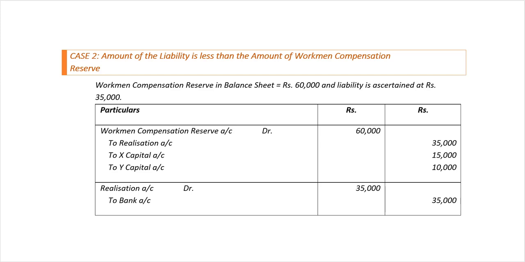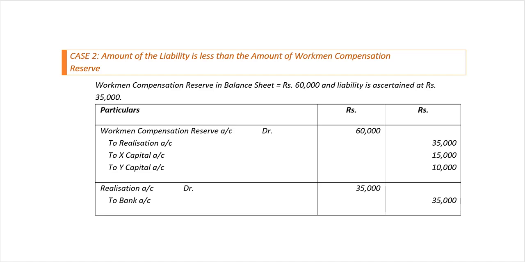To the extent of rupees 35,000, the amount of the claim, we will transfer to credit side of the realization account, and the balance amount will be distributed among the partners in their profit sharing ratio 3:2.